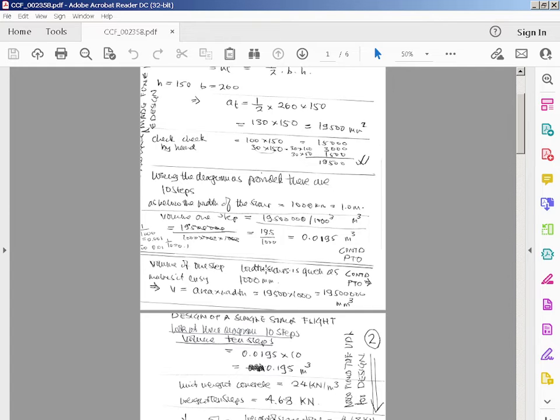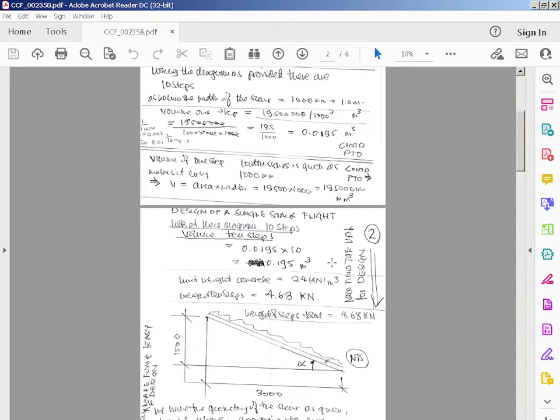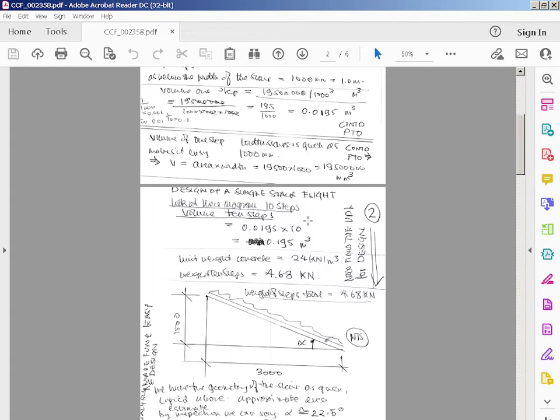The volume of one step is easy: area times the width, which is 19,500 times 1,000, which is 19,500,000 millimeters cubed. Width of the stairs is given as 1,000 millimeters. So the volume of one step is 0.0195. Looking at the diagram, there are 10 steps, so we need the volume of 10 steps.